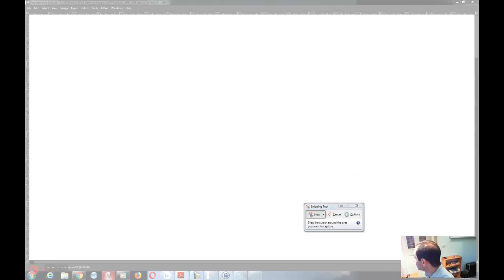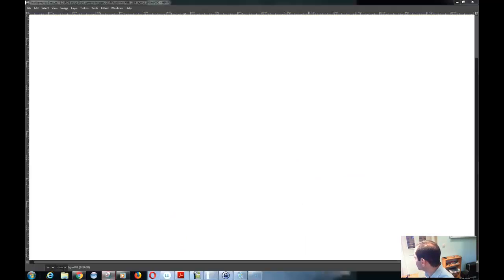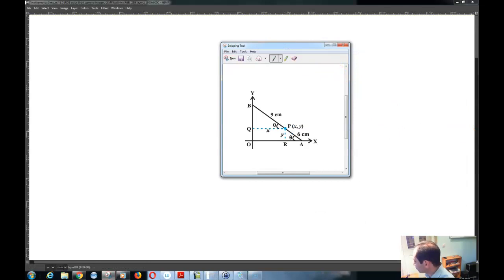Okay, question number 19 here is a rod AB. Let me show you the diagram of this rod. It says that the rod AB of length 15 centimeters rests in between two coordinate axes in such a way that the endpoint A lies on the x-axis and the endpoint B lies on the y-axis.